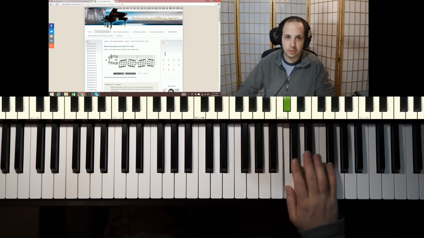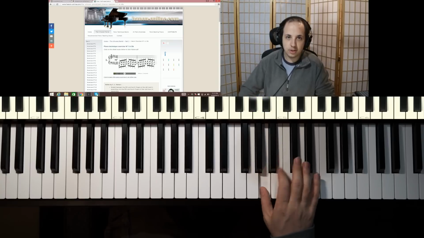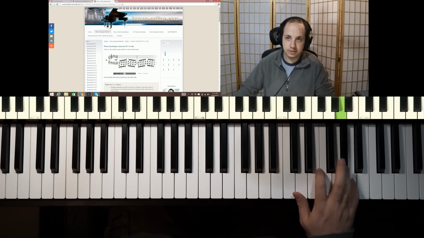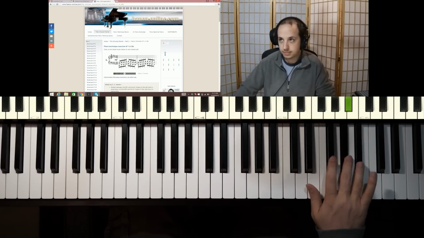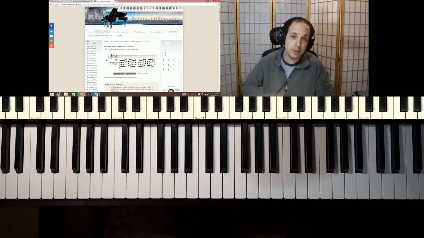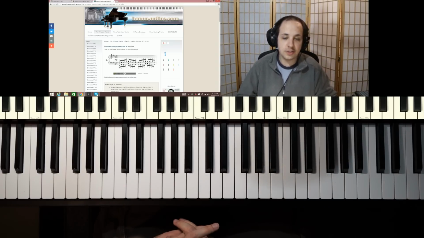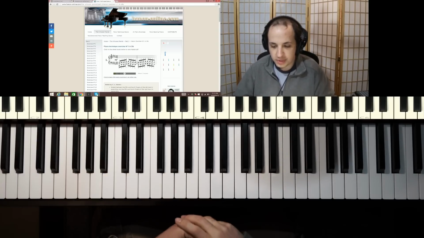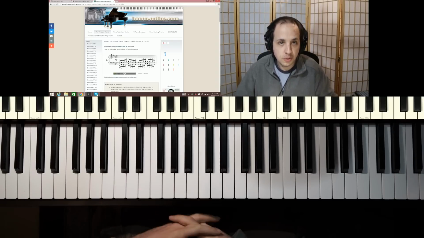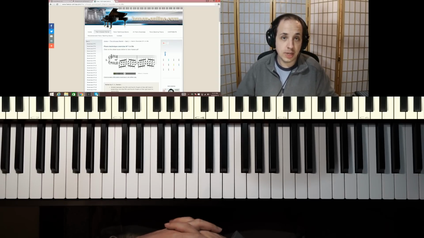Let's see if I can get through all the majors, although I am going easy, one octave. So you have to know the proper fingering for all your scales. This would be a good resource, although you might have to get the book for that. I'm not sure if Rich knows whether you can get that out of the website or not.